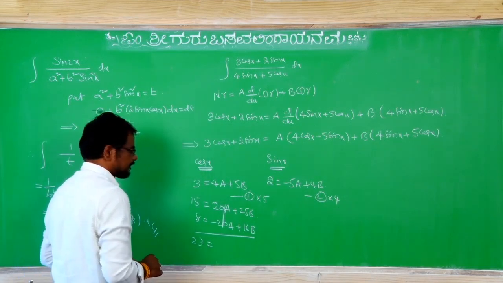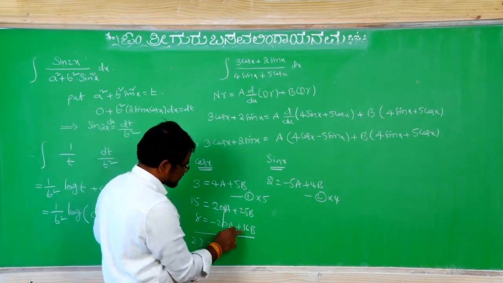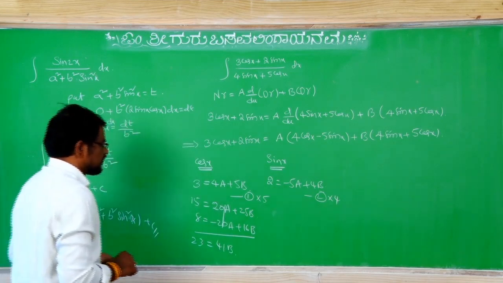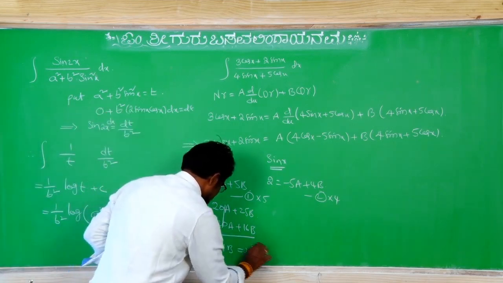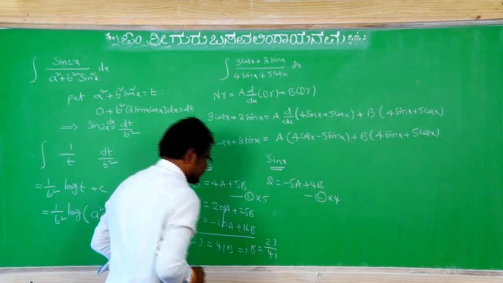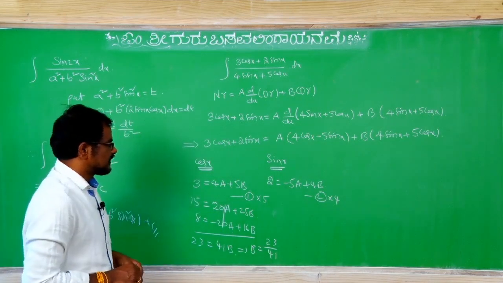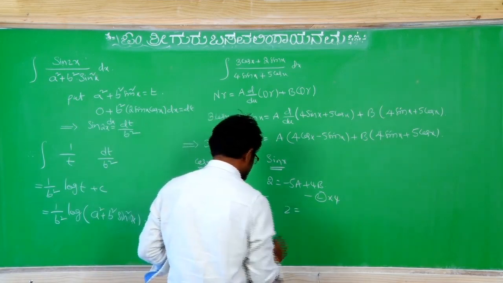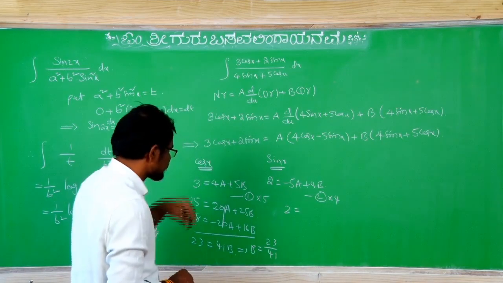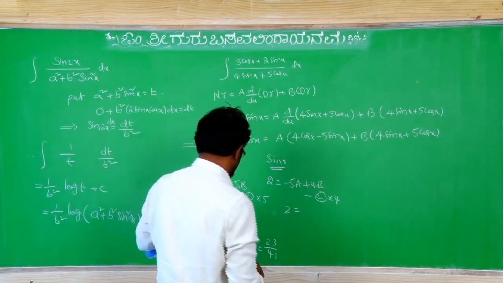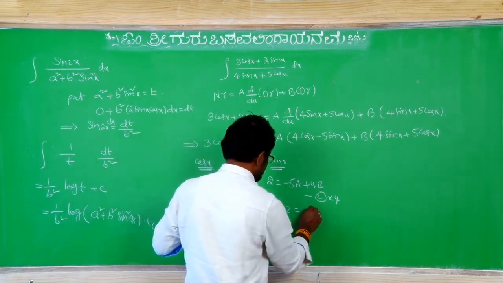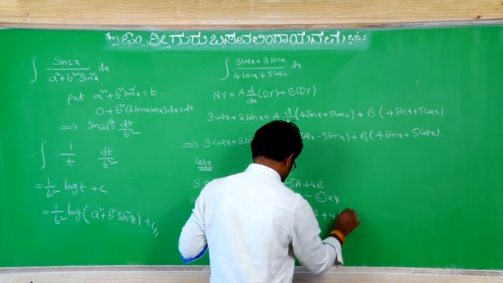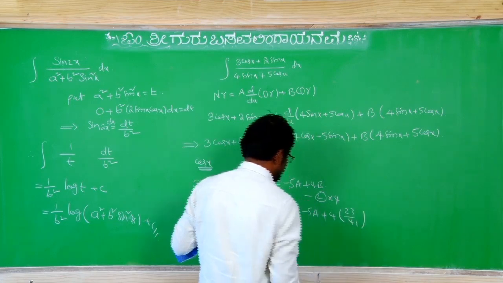Here you will get 23 equal to 41b, right? Now b equal to 23 by 41. Next, for getting a: 2 equal to minus 5 into a plus 4 into b, with b as 23 by 41.